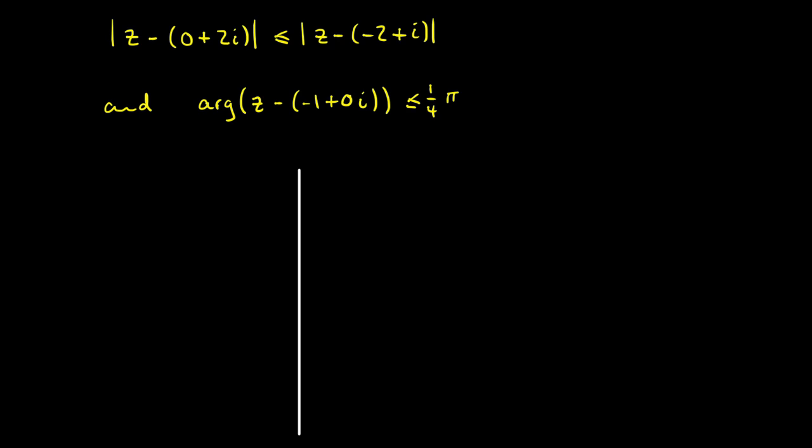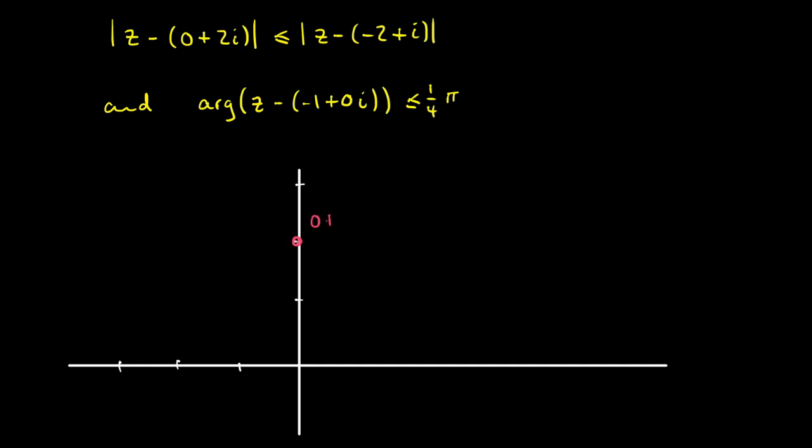Okay, and I'll make this 1, 2, 3, 1, 2, 3. So we want a complex number there centered upon 0 plus 2i. That's that guy there, right?